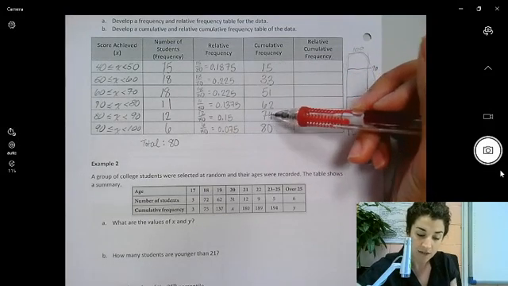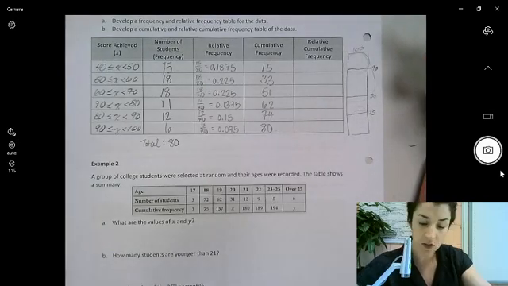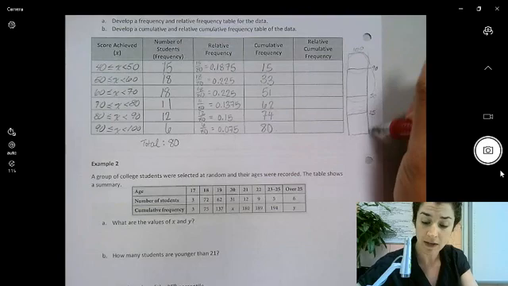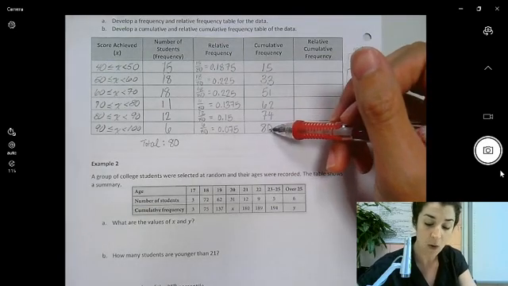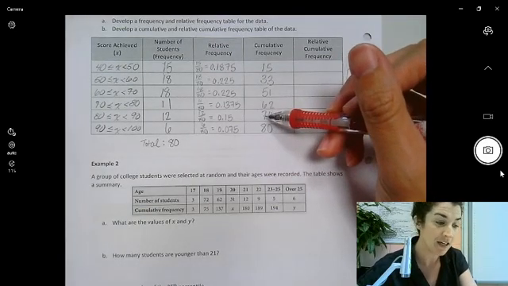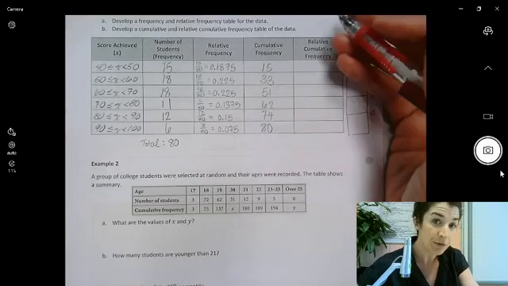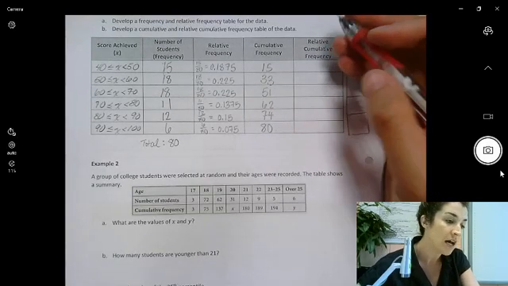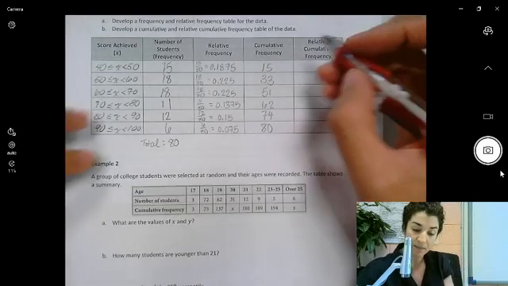Let's talk about the 25th percentile. So if I wanted to find the 25th percentile, I want to find out where is 25% of 80. So if I do 80 multiplied by 25%, in other words, 0.25, I get the number 20.